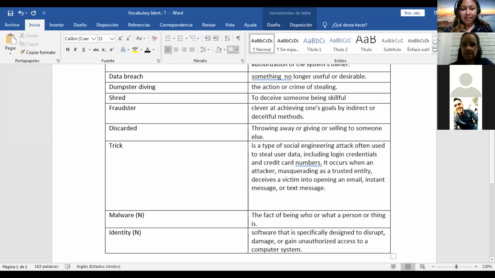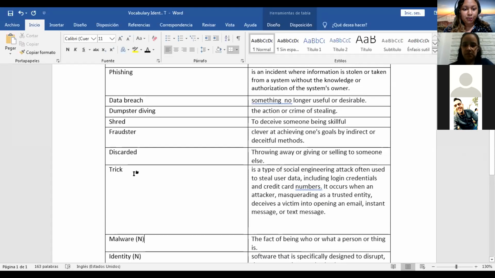Now, the next one, it is trick. What's the meaning of the word trick? Clever in achieving one's goals by indirect or deceitful methods. Deceitful methods. Could be, but there's another definition that matches the verb trick.